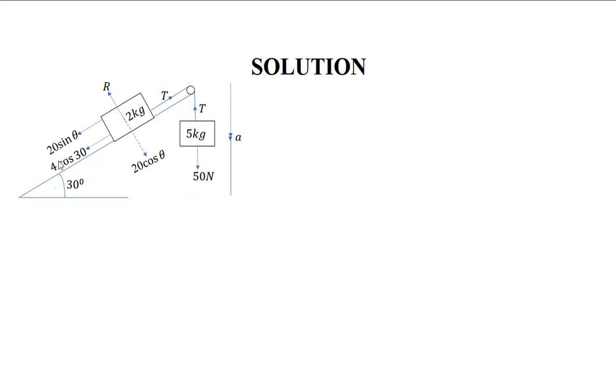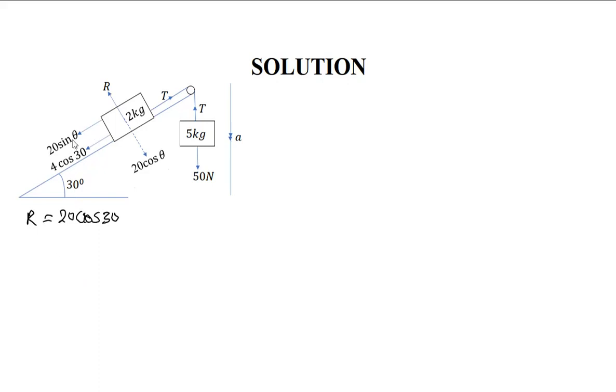So the normal reaction, which is W cos theta, will be 20 cos 30. So our normal reaction R is 20 cos 30.